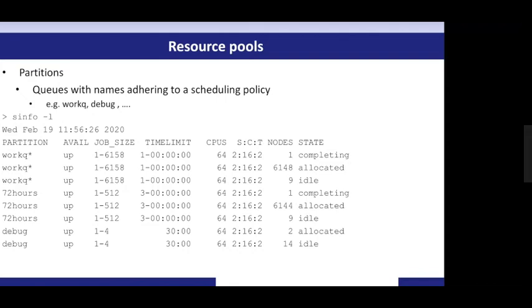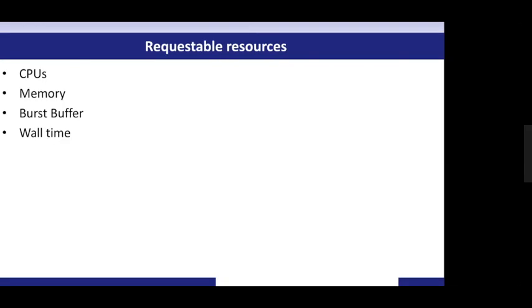So this is a short-lived queue for prototyping, debugging, and checking your scripts. What can you request as resources? You can request the number of CPUs or number of nodes. You can request the memory. You can request the burst buffer. You can request the amount of time for which you need these resources.